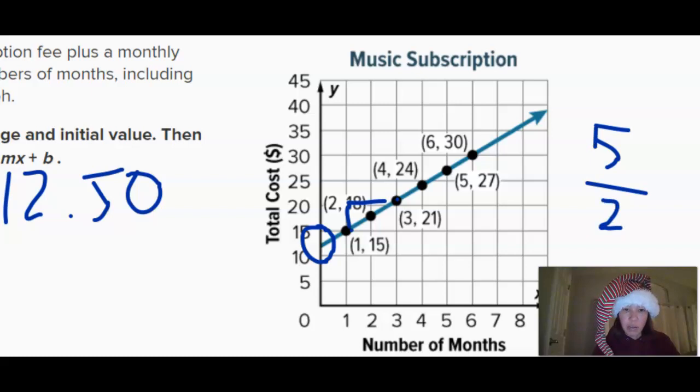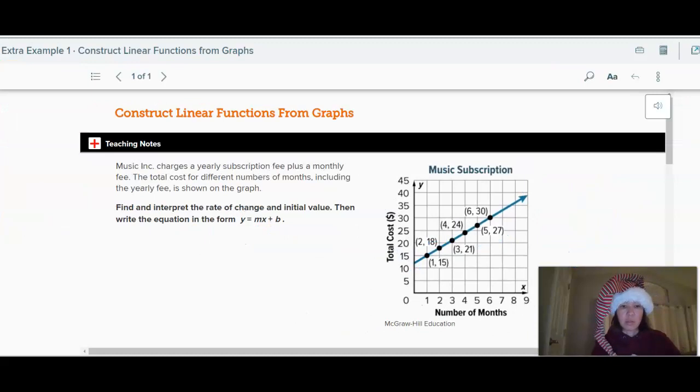So 5 on the y, our vertical change is 5, our horizontal change is only 2. So this is $2.50. So that means it's costing us $2.50 per month for the monthly fee.